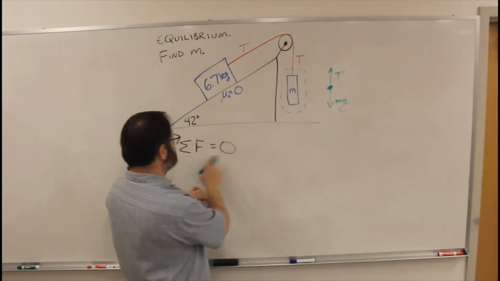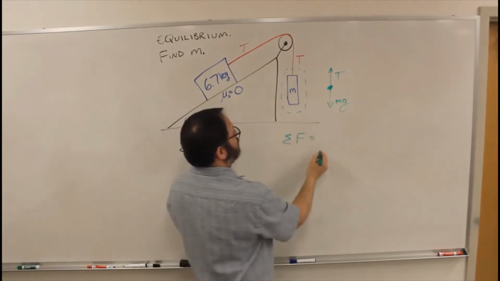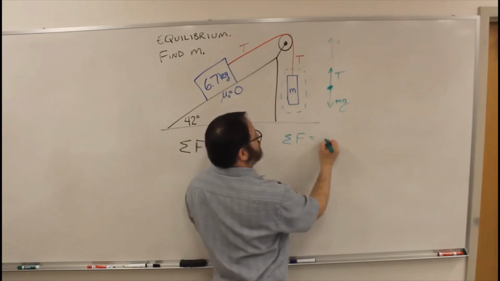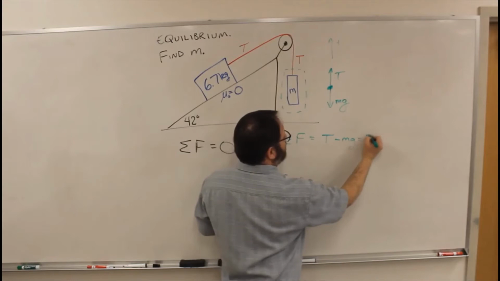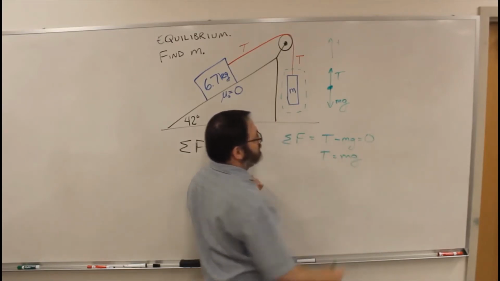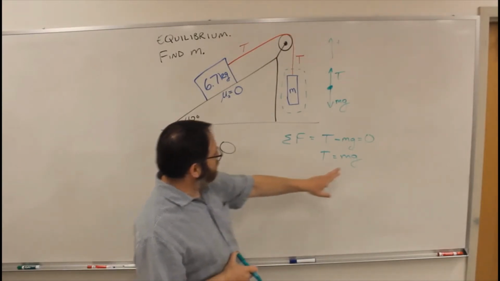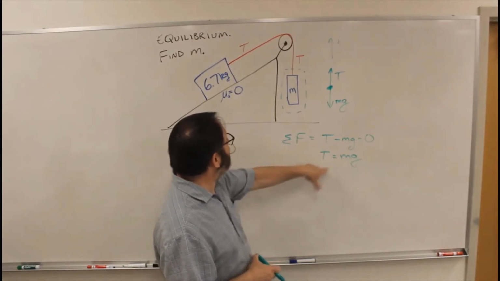So the sum of forces equals 0. I can use that here. The sum of the forces equals, if this is the positive direction, so that's T minus mg, and that has to be equal to 0. So we know that T has to be equal to mg. Okay, I know G, I don't know M, that's what I'm looking for, and I don't know T.